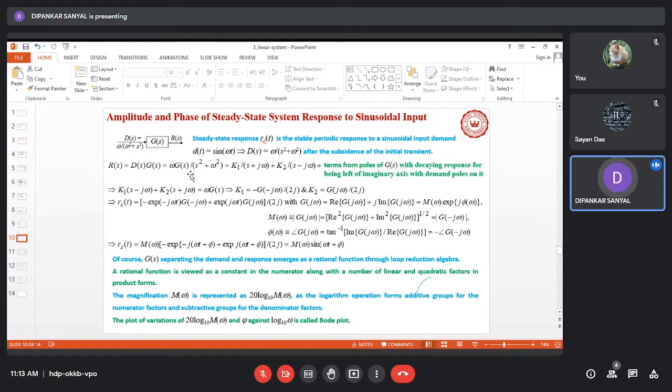So the effect of their poles will be that those will decay, whereas for this complex conjugate pole, a sinusoidal oscillation will persist.